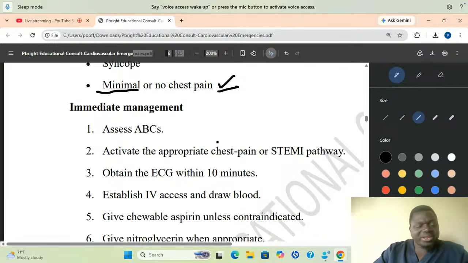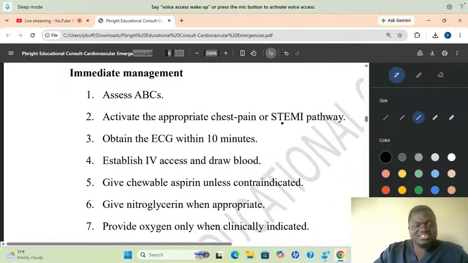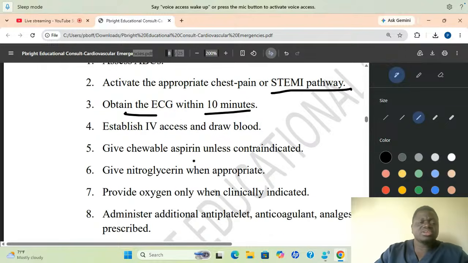So you do your quick assessment and activate the STEMI code. The people from rapid response will come and help you. Then get your 12-lead EKG within 10 minutes and connect the patient to constant cardiac monitoring with the 5 leads: smoke over fire, sky over grass, chocolate in my heart. You are done.